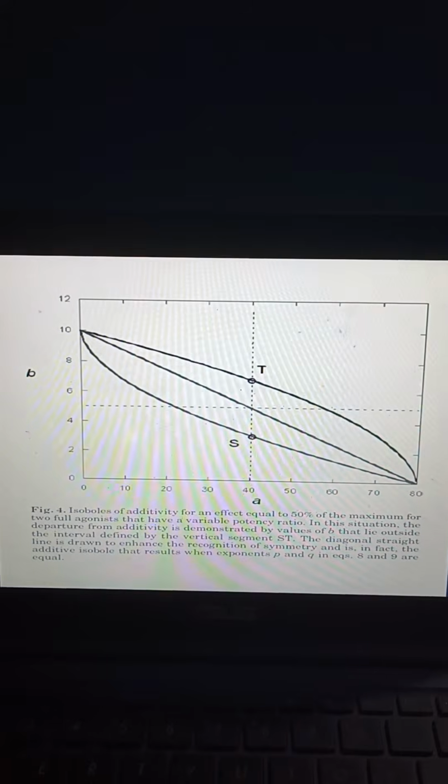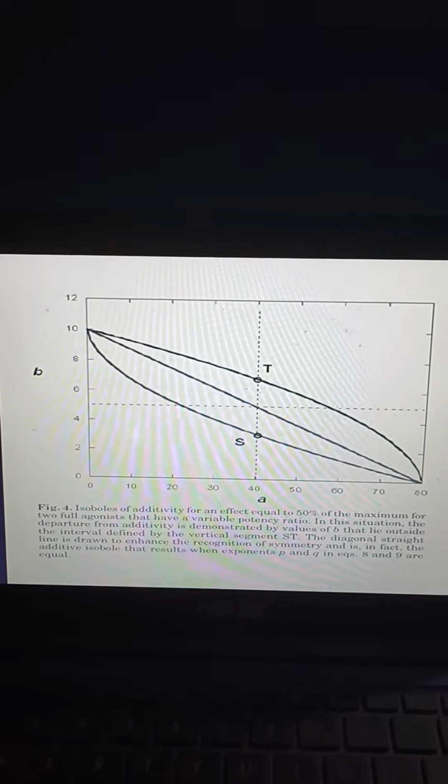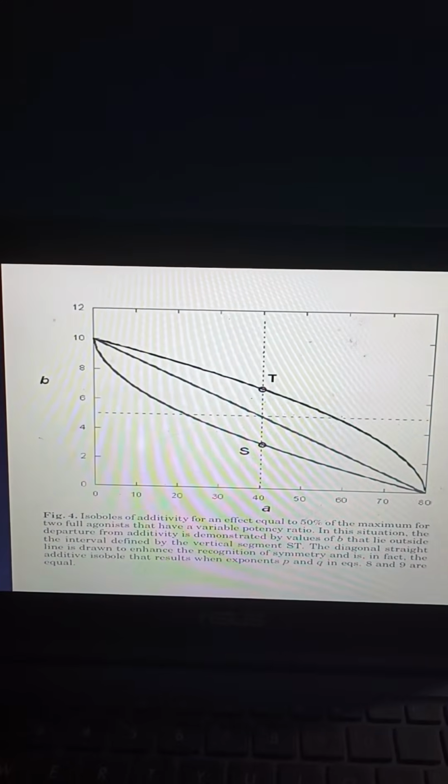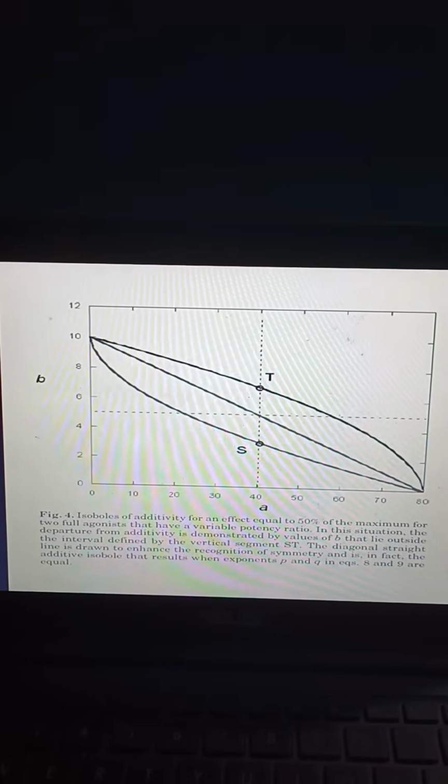So this is another diagram showing isobols of additivity for an effect equal to 50% of the maximum for two full agonists that have a variable potency ratio.